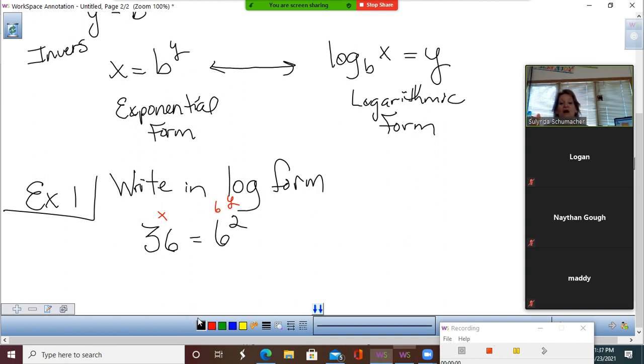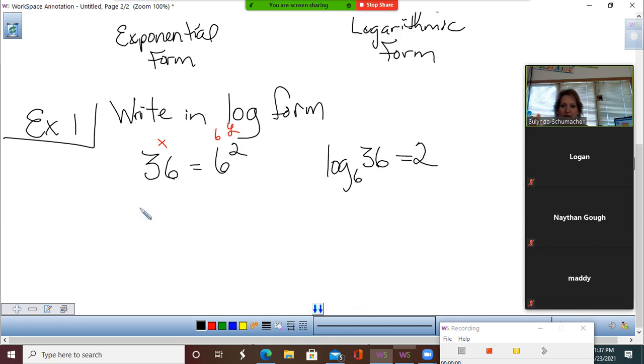So to rewrite this in log form, we write the word log. Then this little b, a little base at the bottom, is the number 6 in this case. Then behind the b is our x value, which is 36, equals our y, which is our exponent, 2. So we're just taking it from this form and rewriting it in this form.